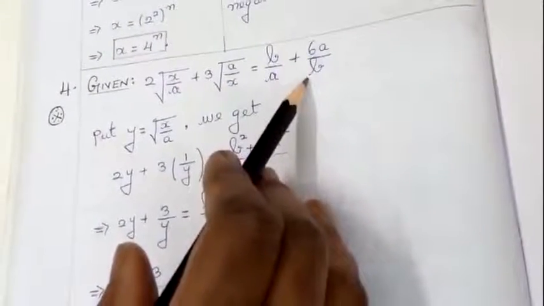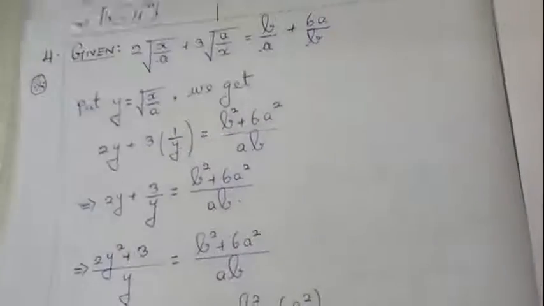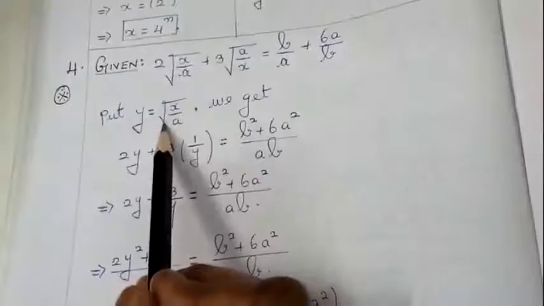And coming to the fourth question, they are asking you to solve this particular equation, students. This calculation can be done in any way. Again I am using this replacement method.